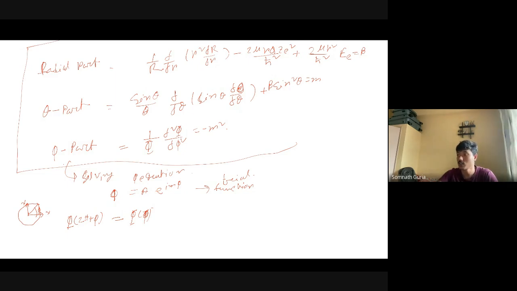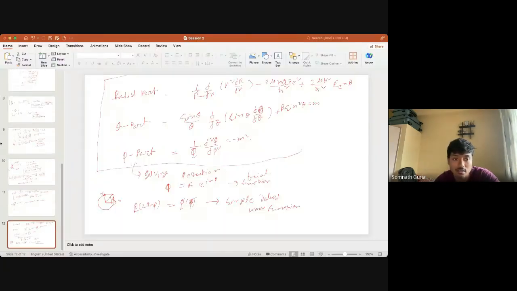This is the condition, and as it is a single valued wave function, 2 pi plus phi gives me the same function of phi, right?